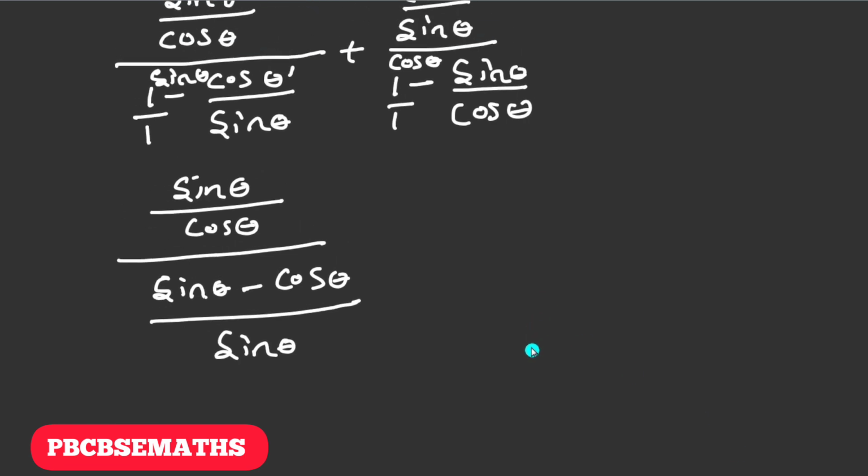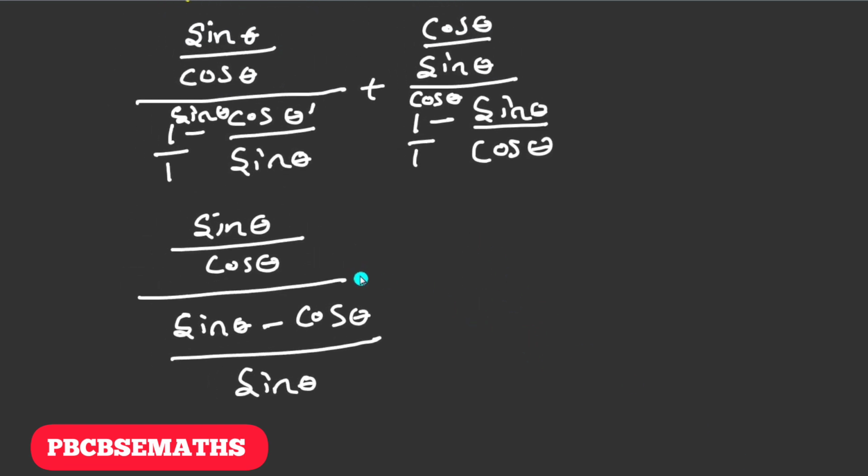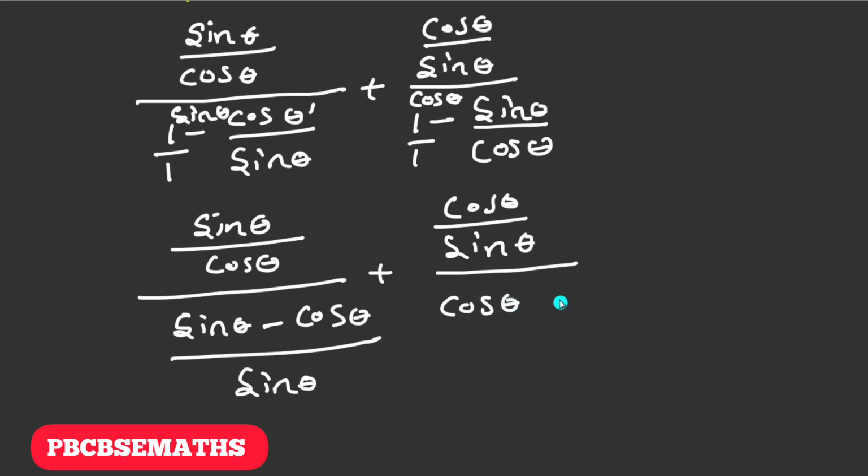And here we have plus, let's keep that cos theta by sin theta in the numerator part as it is, whole divided by 1 into cos theta gives us cos theta minus sin theta into 1 gives us sin theta, whole divided by that LCM cos theta.